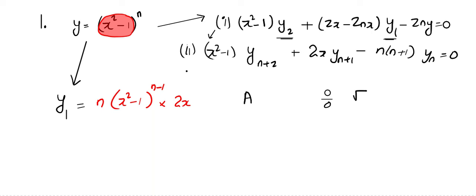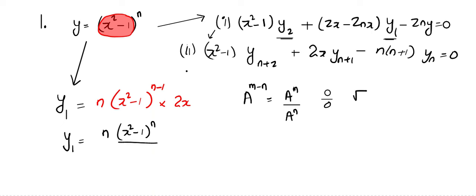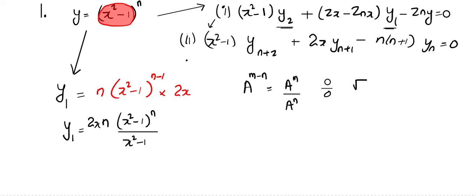I think you know the relation a power m minus n is a power m by a power n. So in the next step, I am going to write n into (x square minus 1) the whole power n by (x square minus 1) the whole power 1 times 2x. I'll put that 2x over here. Now take a look at this.